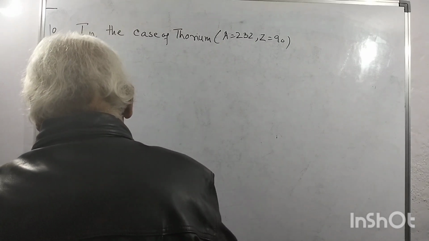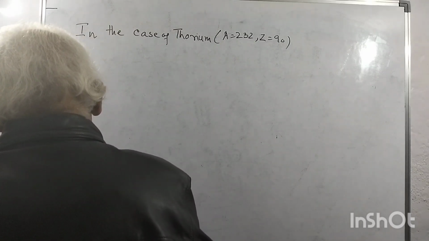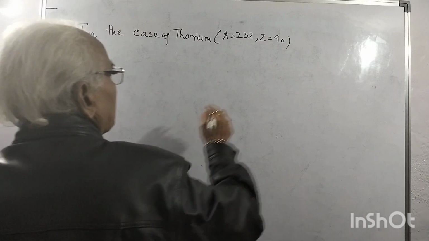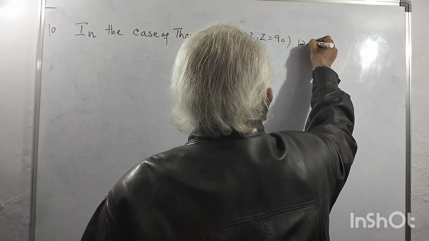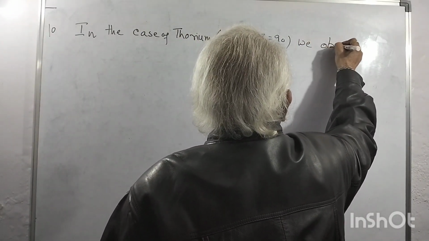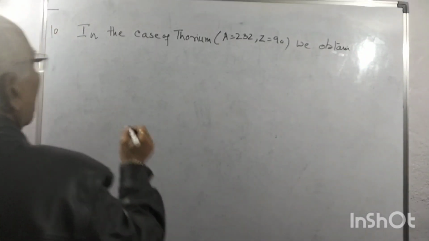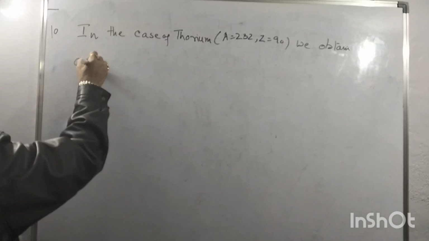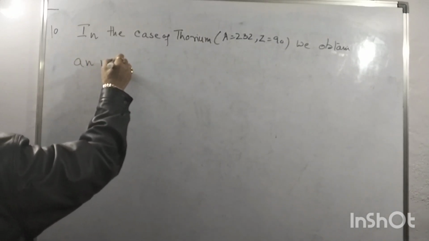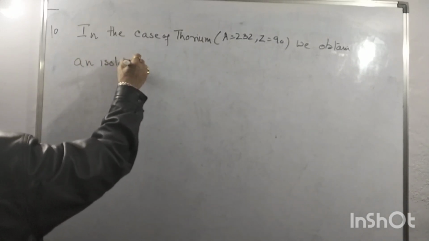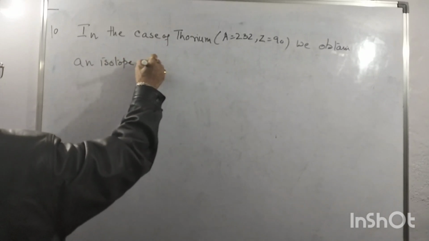In the case of thorium, we obtain an isotope of lead, an isotope of Pb.